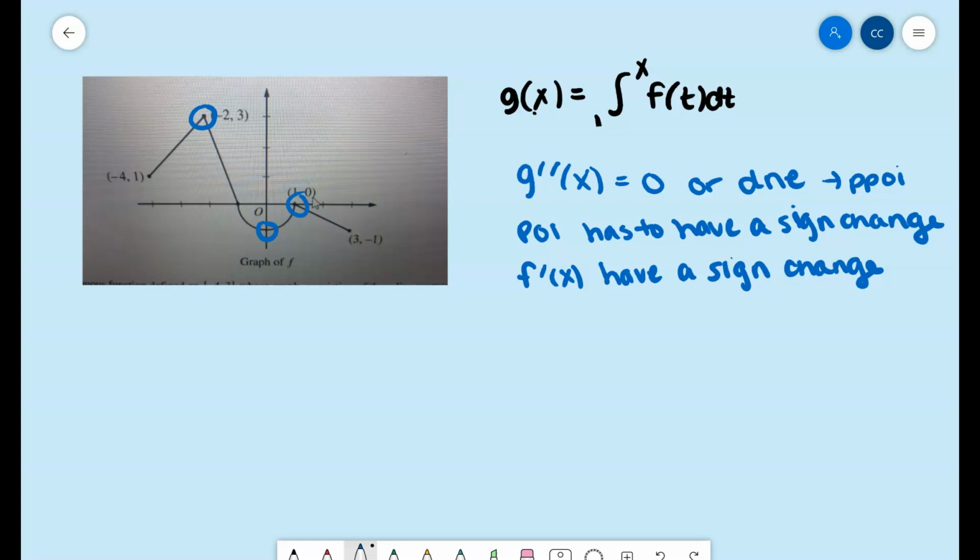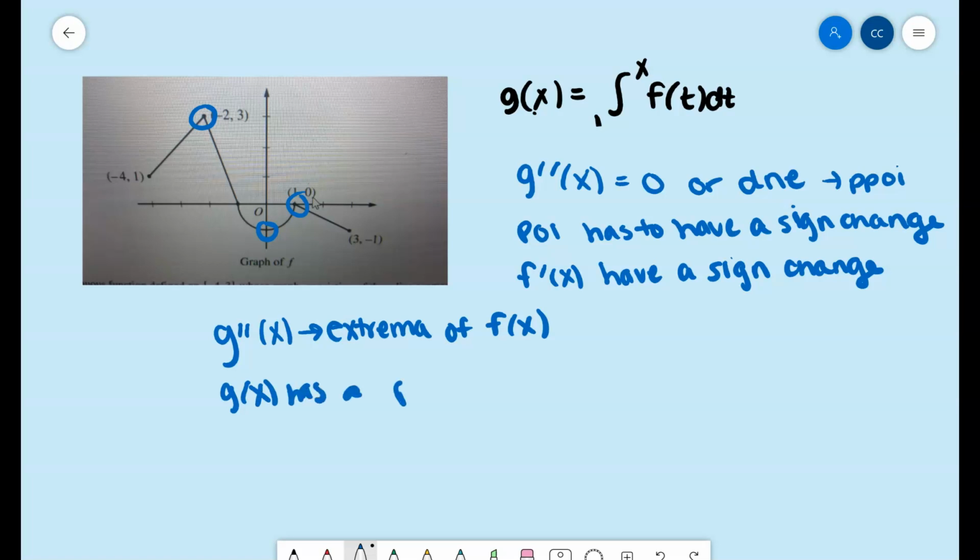So basically, g double prime of x is the extrema of f of x. So g of x has a POI at x equals -2, 0, and 1.